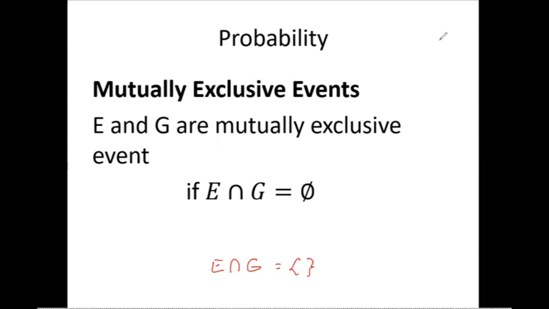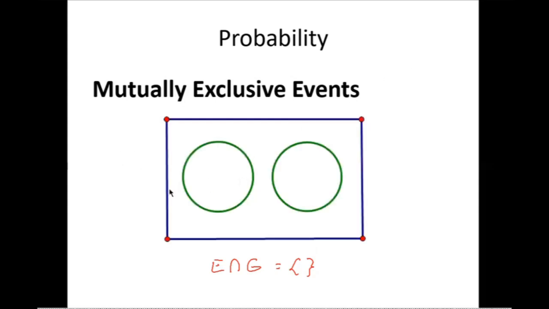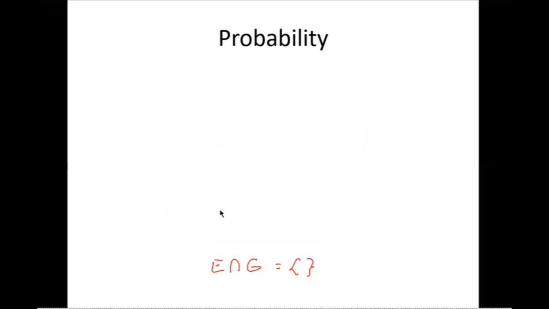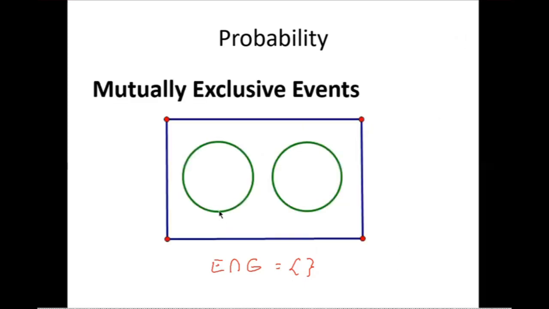Okay? Pwede yan. Kaya pag ginamitan natin ng Venn diagram, mutually exclusive events, so ito yung ating set E, ito naman yung set G. Pag tinignan natin yung kanyang intersection, impossible, kaya empty symbol or null symbol. Okay?